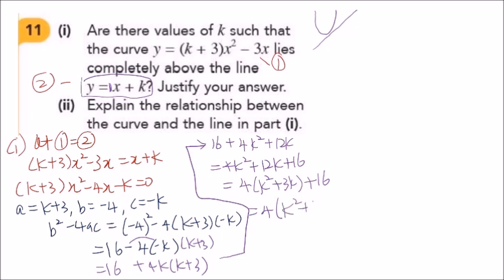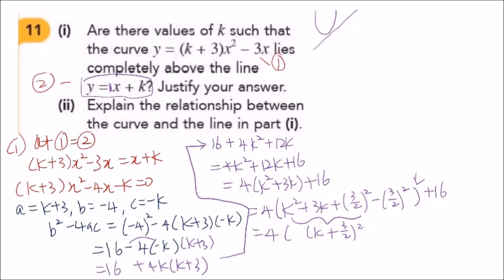Take the coefficients of k, which is 3, divide by 2, square it, add and minus. Alright, there's a huge square bracket here, so be careful. And then these 3 terms will collapse into k plus 3 over 2 squared. This one, if you use a calculator to work it out, will be 9 over 4. The huge square bracket remains.